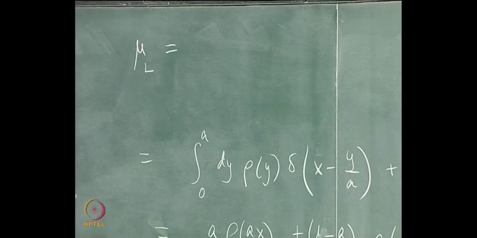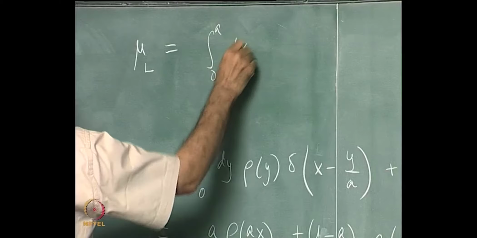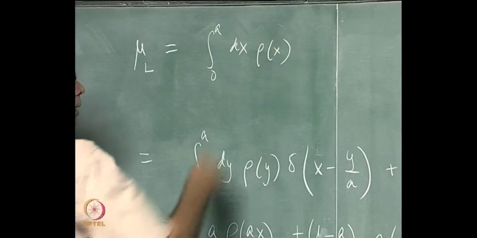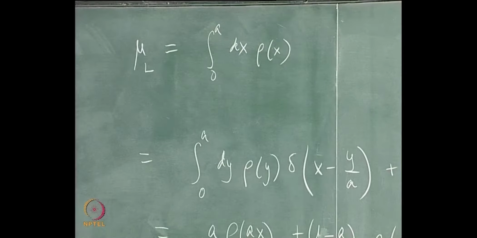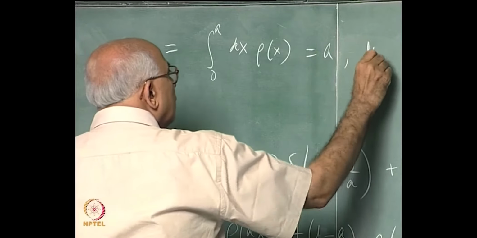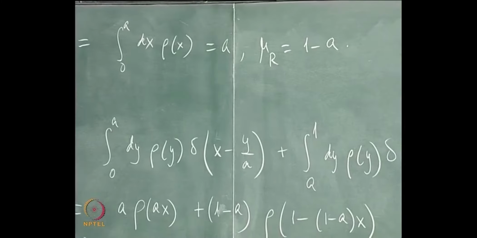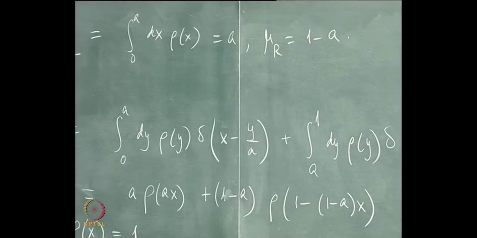That is clearly an integral over the left cell which is 0 to a dx rho of x, that is the definition of the invariant measure, just the integral of the invariant density over the cell. And since this is constant equal to 1, this is a, and mu right equal to 1 minus a, so that is certainly true.